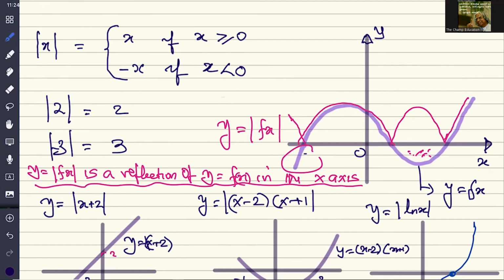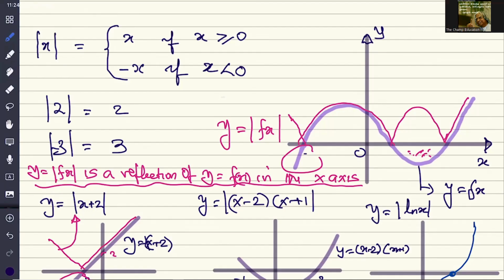So as you know, if you read the statement, modulus of f(x) is a reflection of y in the x-axis. So only one part in here has to be reflected in this part. Therefore, the reflection will be something like this. So this graph will be equal to that one.